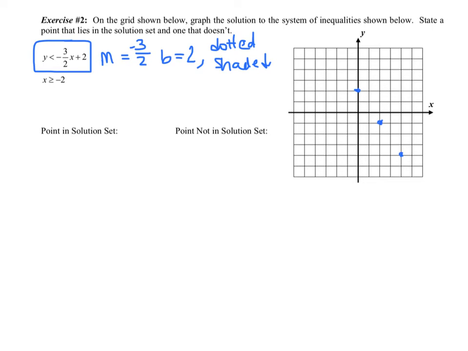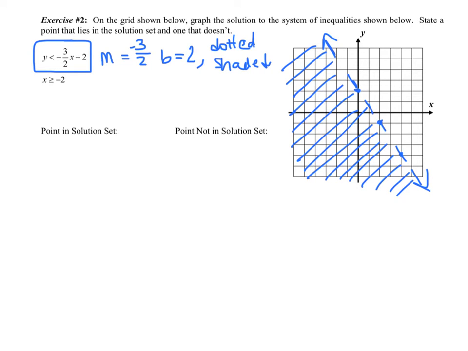All right, I'm going to take my ruler and connect those and make a nice dotted line. Okay, and then I'm going to carefully and neatly shade below. So this would be the region that is below the line.